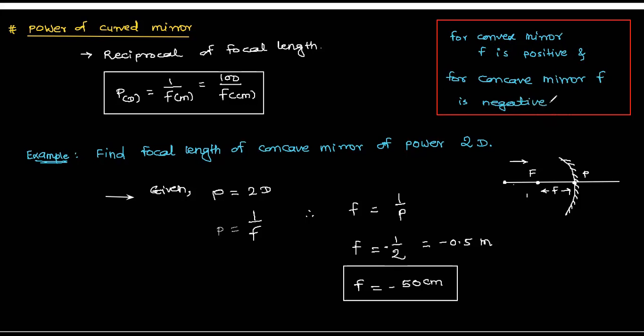Keep it in mind always. Convex mirror, focal length is positive. Concave mirror, focal length is negative.